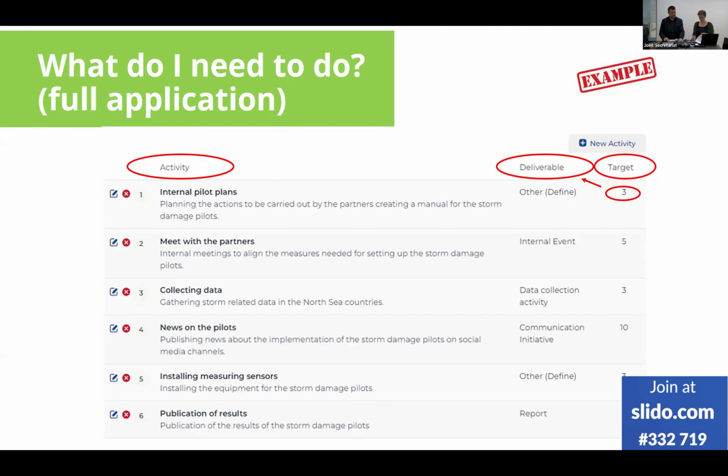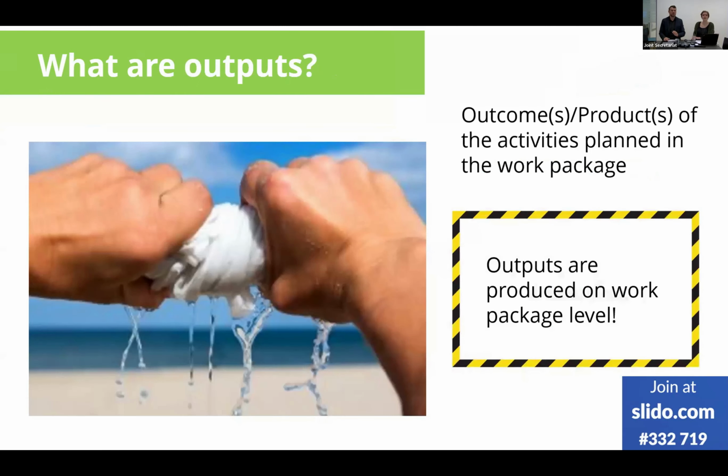What are those, Peter? Yes, in general, we talked about outputs of a work package, which will be defined by you. You will see later on how it looks in the OMS. The outputs are actually the outcomes of the activities funded, telling us what has actually been produced for the money the project received as funding.